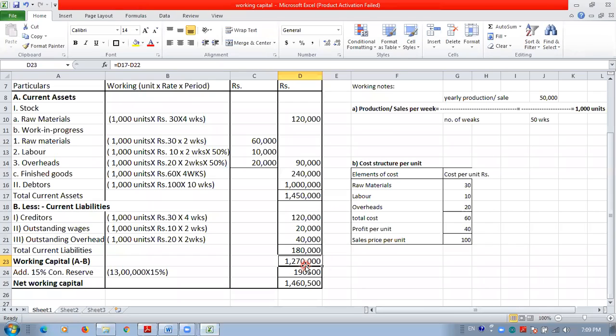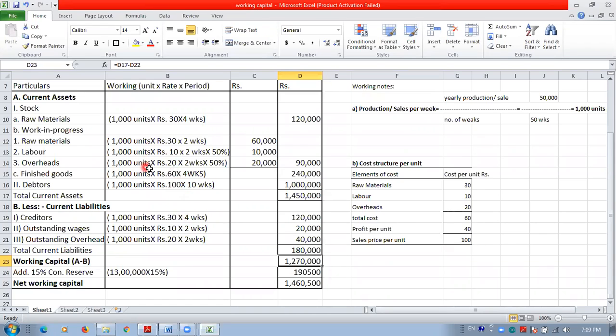But we are estimating this working capital, right? Estimation means it is for the future, it is not a real one. We are only assuming that these will be the prices of the cost elements, and that the stock of raw material, stock of finished goods, debtors and creditors have this much time to incur, this much time to pay. So all these are assumptions, right?